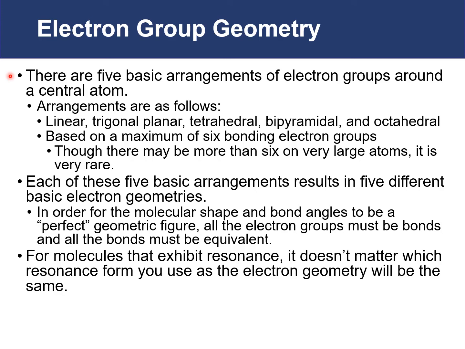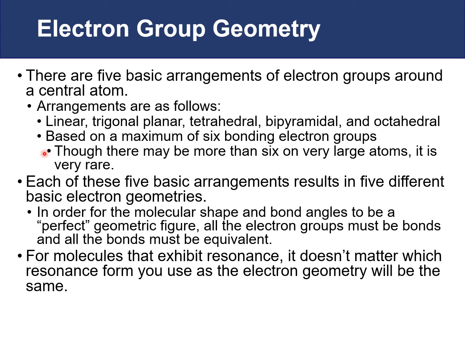There are five basic arrangements of electron groups around a central atom. Those arrangements are as follows: linear, trigonal planar, tetrahedral, trigonal bipyramidal, and octahedral. This is based on a maximum of six electron groups, though there are cases where you can have more than six on very large atoms.